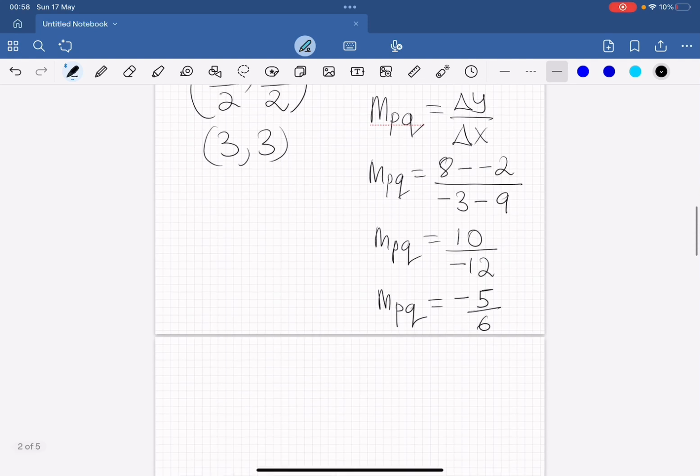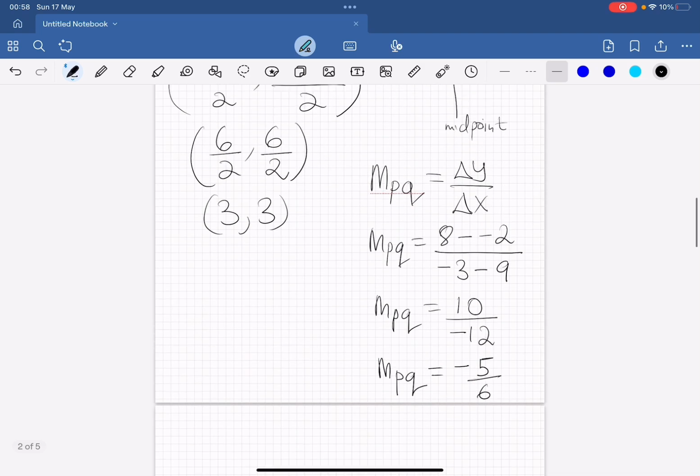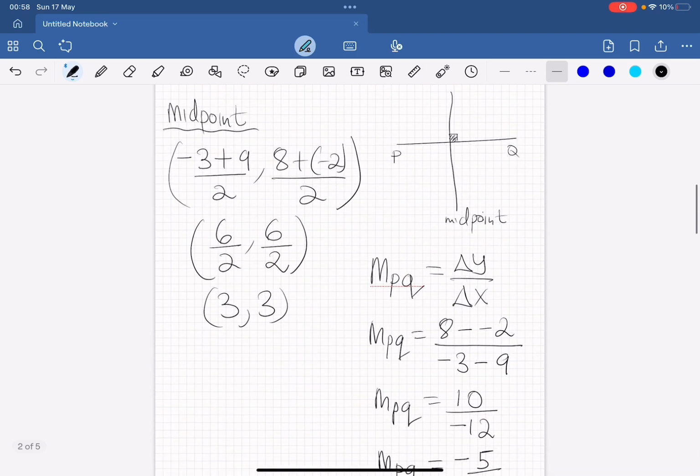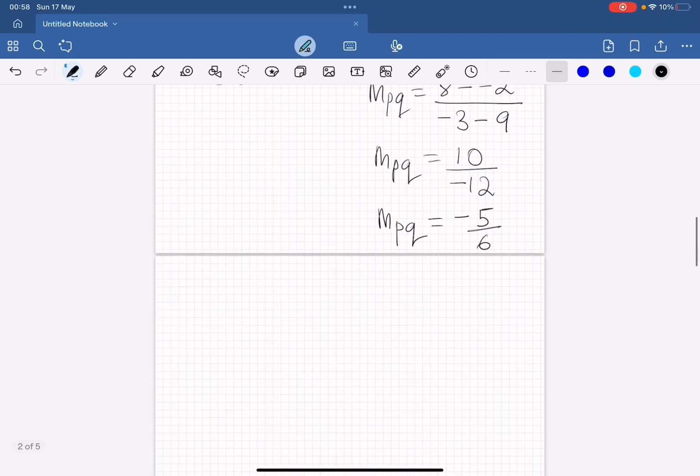So now, since we know that the gradient of PQ is -5 over 6, if we are to find the gradient of our perpendicular bisector, we have to remember that the product of gradients for lines which are perpendicular is m1 times m2 equal to -1. So this means -5 over 6 times m2 is equal to -1.